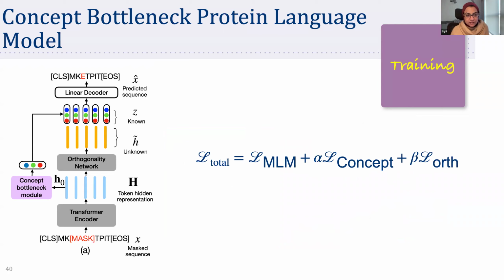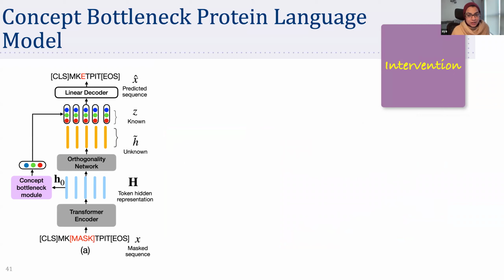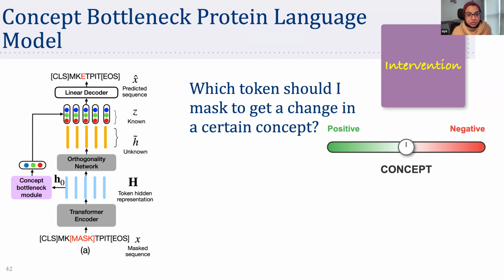Great. So we train this model end to end from scratch using these three losses: the masked language model loss, the concept loss, and the orthogonality loss. Now, how do we intervene on this model? By intervention, I mean how do we change a property and see the effect on the output. To do this, we need to know which tokens to mask.